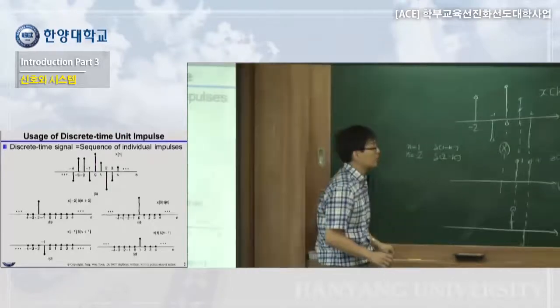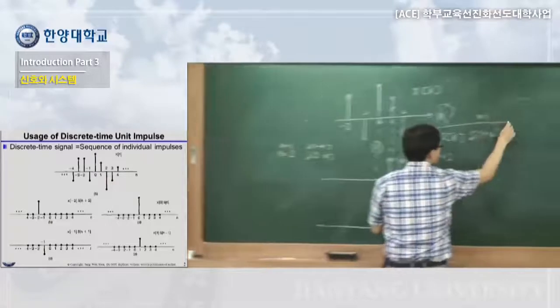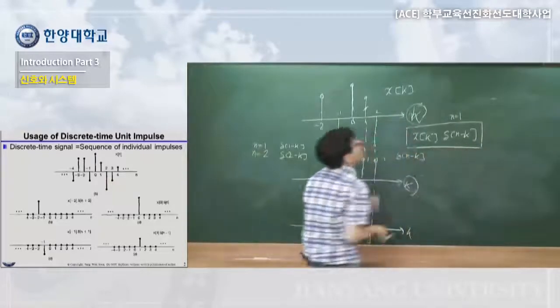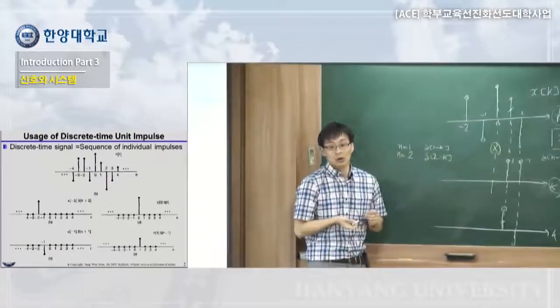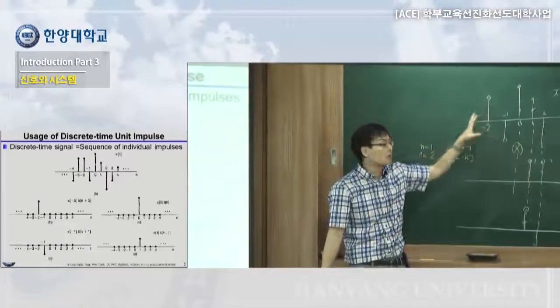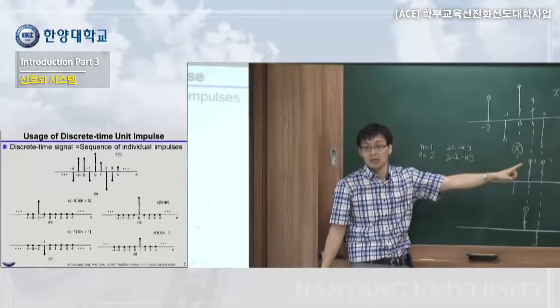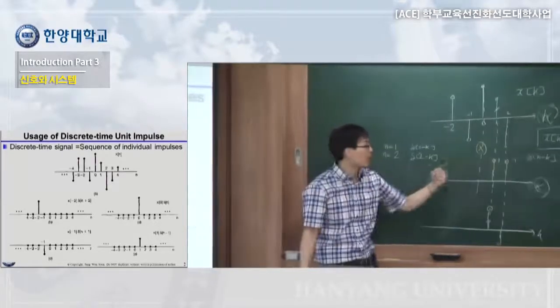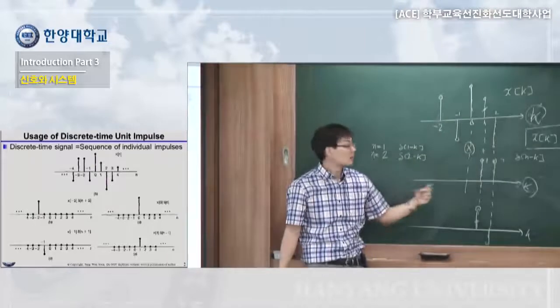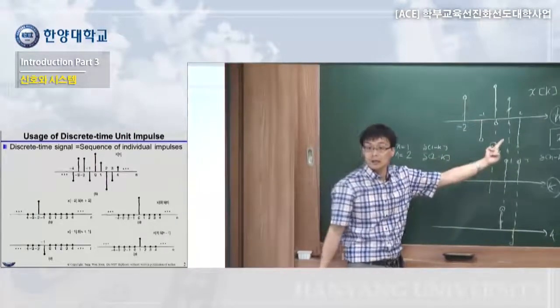So what you can find here is, if you have a multiplication of an arbitrary signal, any signal, multiplied by delta n minus k, we pick up a point of x.